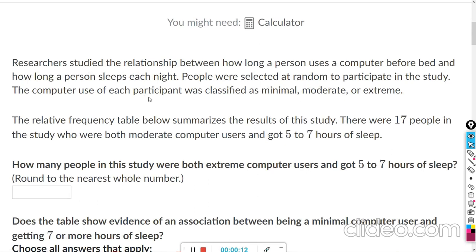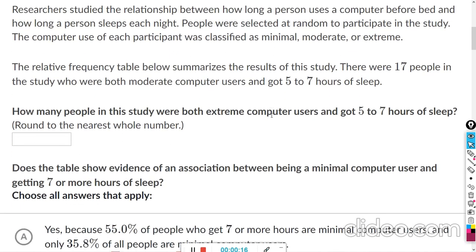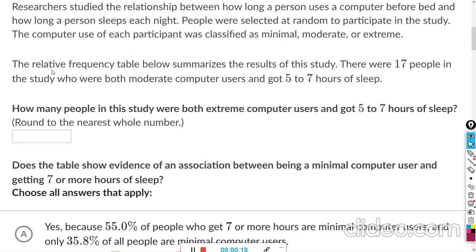They were selected at random, classified as minimal, moderate, or extreme. Okay, the relative frequency table summarizes the results. There were 17 people in the study who were both moderate computer users and got 5 to 7 hours sleep. How many people in the study were both extreme computer users and got 5 to 7 hours sleep?